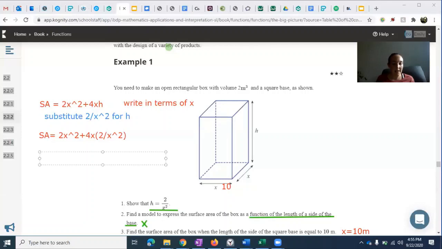And we'll say SA equals 2 times x squared, but we're going to make that 10 squared, plus, and we saw there 4x, so it would be 4 times 10. Then that was multiplied by 2 divided by x squared, so that would be 2 divided by 10 squared.